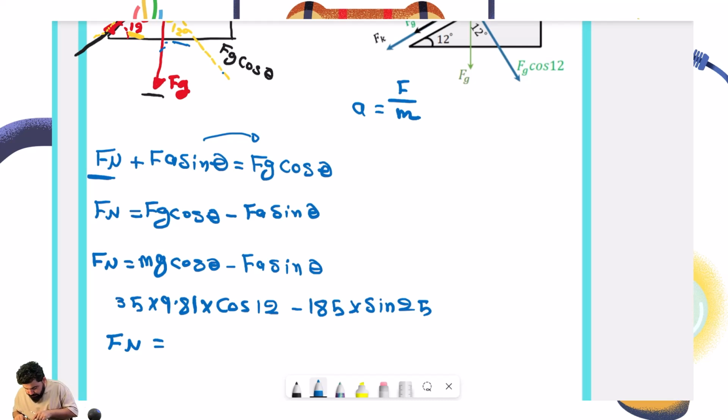You know what, let me check that. So we have 35 multiplied by 9.81 times cosine of 12 minus 185 multiplied by sine of 25. You're gonna get 257.6 Newton.